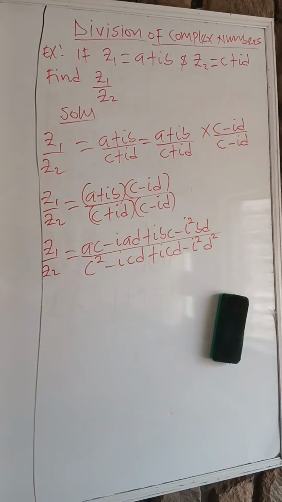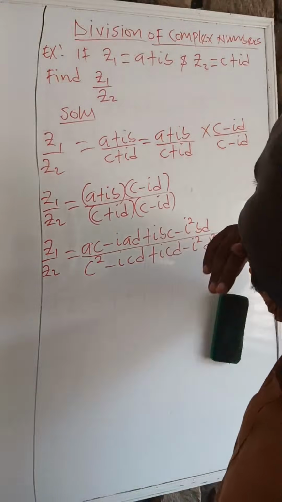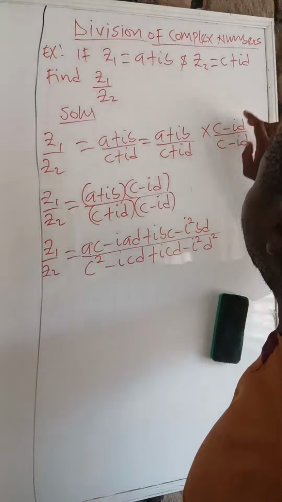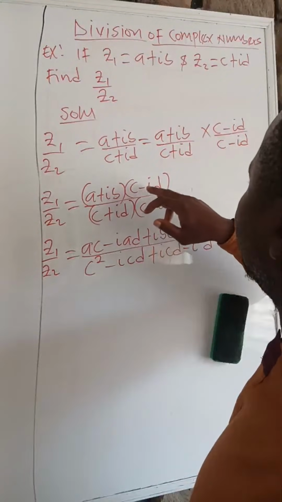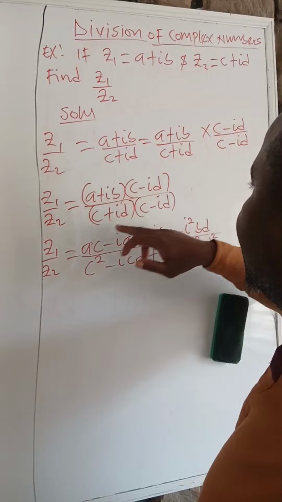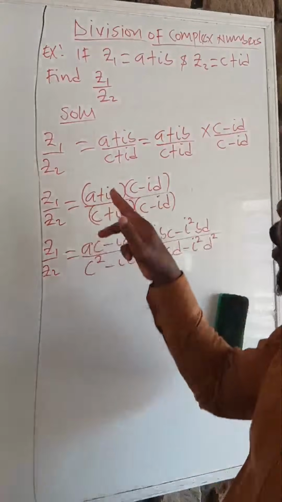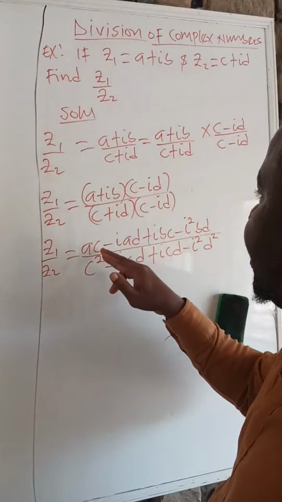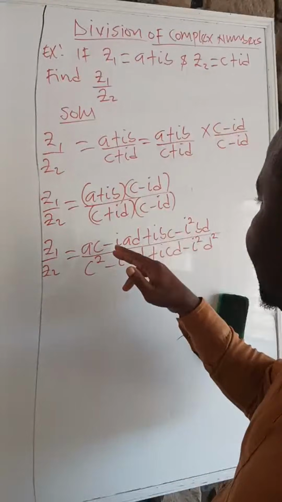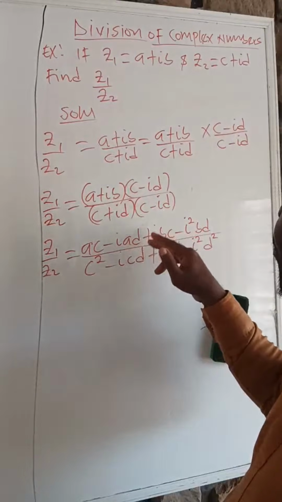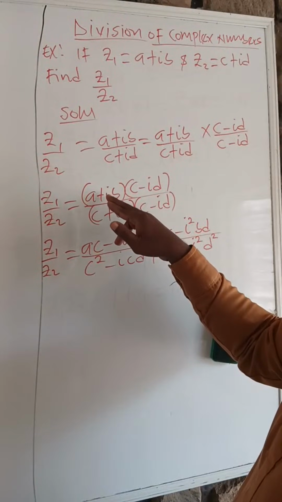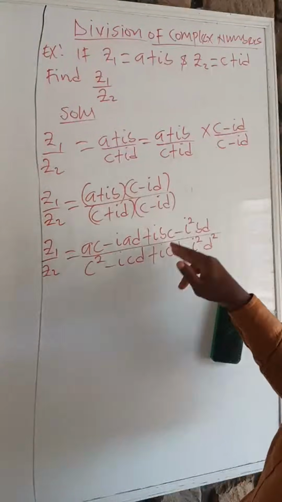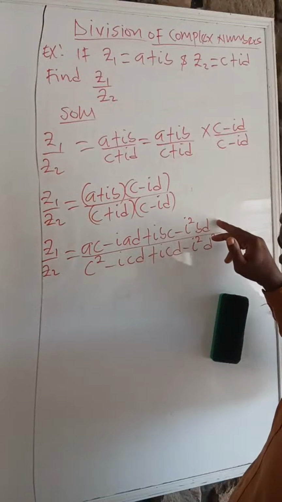So as I was saying, what you need to do here is use the numerator to multiply numerator, use denominator to multiply denominator. Can you see now? A plus IB times C minus ID, then C plus ID times C minus ID. So A times C, AC, A times minus ID is minus IAD, plus IB times C, IBC, then plus IB times minus ID is going to be minus I squared BD.